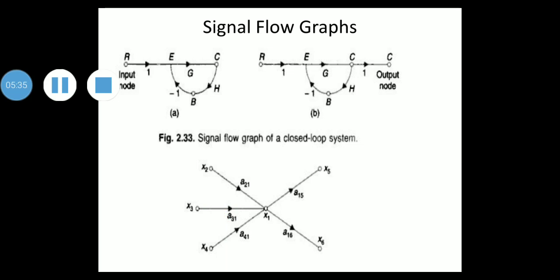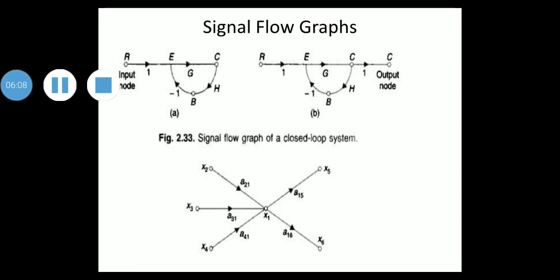Then, node as a transmitting point. A node variable is transmitted through all branches outgoing from the node. So in the signal flow graph, x5 is equal to a15 x1 is one transmitting point, and one more, x6 is equal to a16 x1.